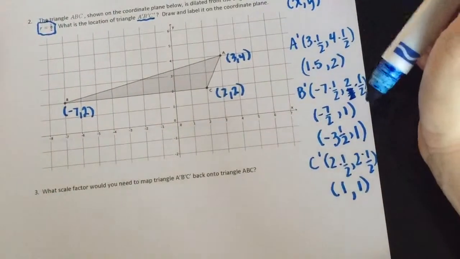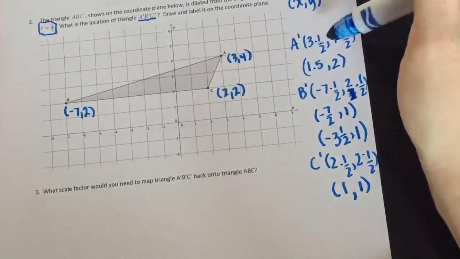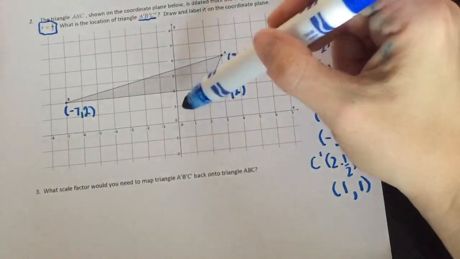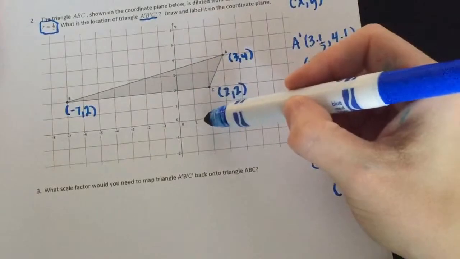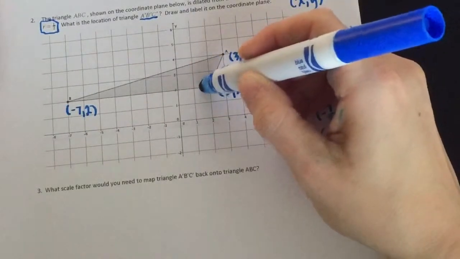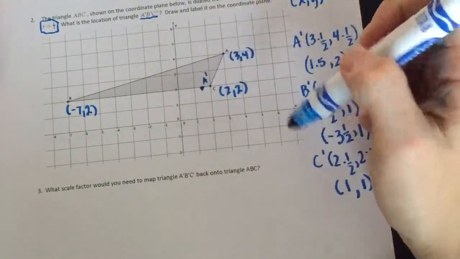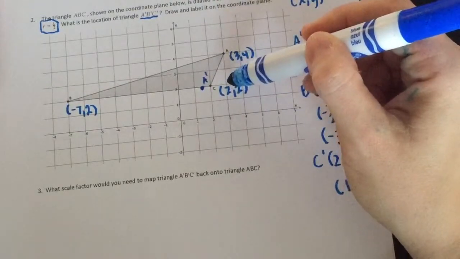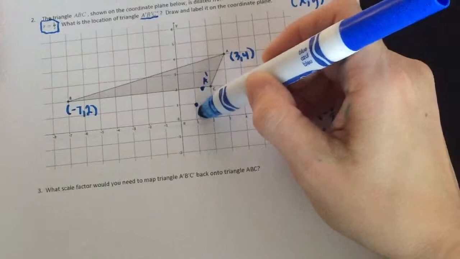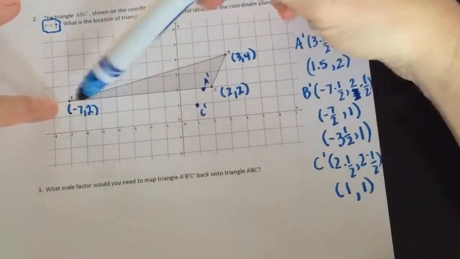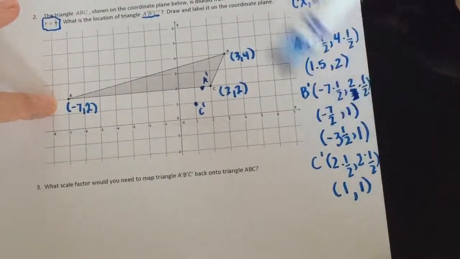So then you can plot those on your coordinate plane. A will be at 1.5 and 2. So it's going to be right here, A prime. C is at 1, 1, and B is going to be at -3.5, 1.